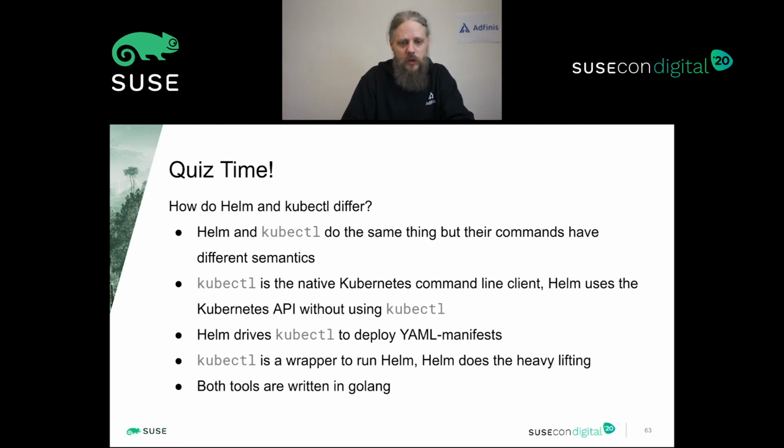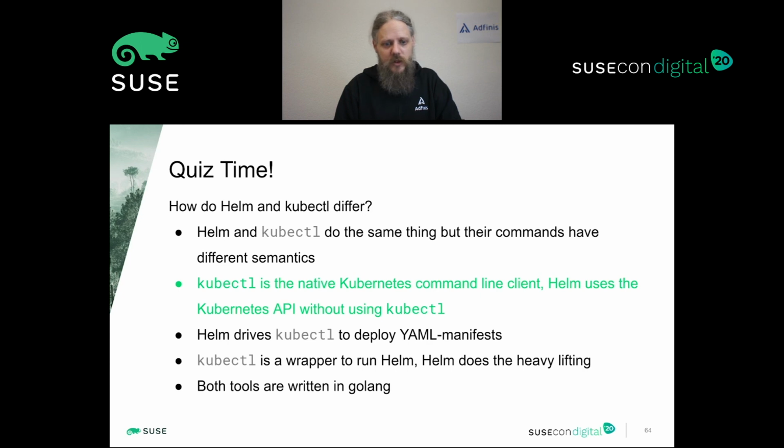Are both tools written in Golang? Let's see how many you guessed right. Actually, in this case, it's only one thing that is really an important distinction that makes these different. So all the other points except the second one aren't describing differences between Helm and kubectl, but are describing stuff that they both do similarly.